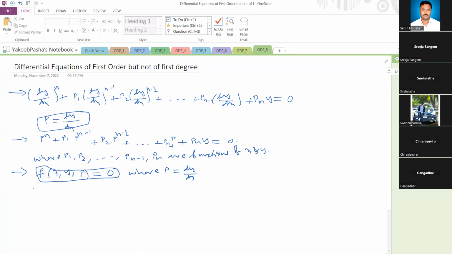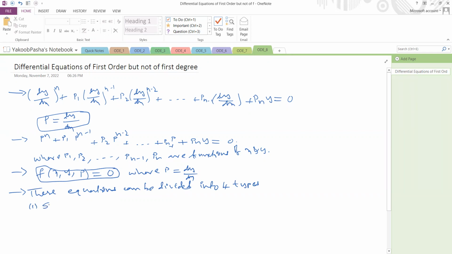Okay, now these equations can be divided into four types. Number one is equations solvable for p.